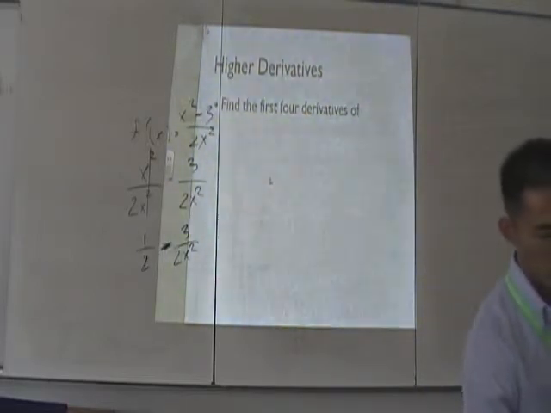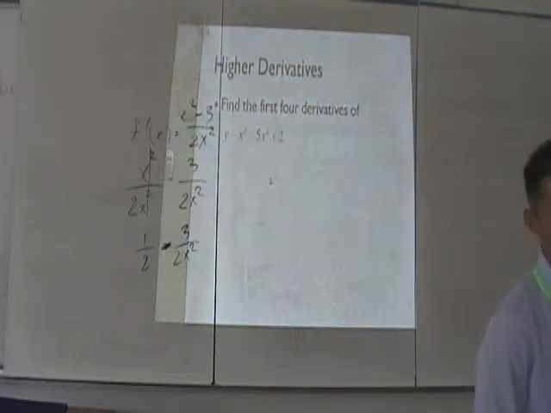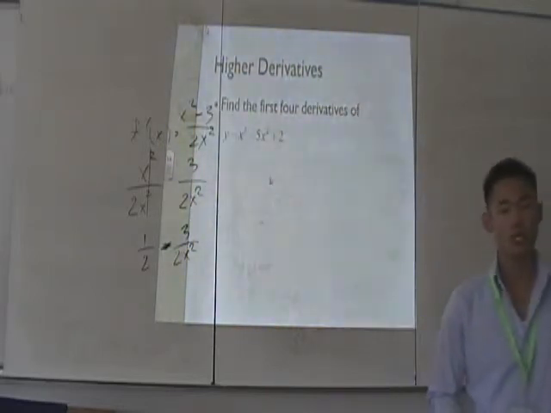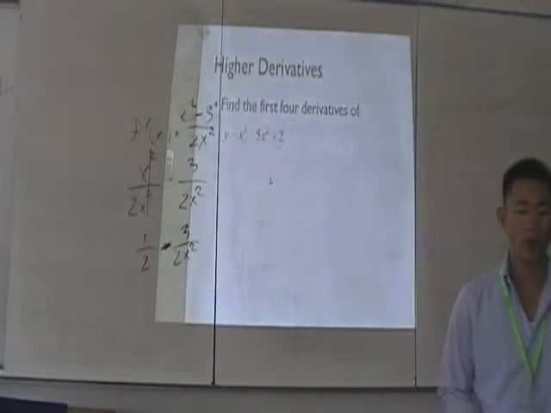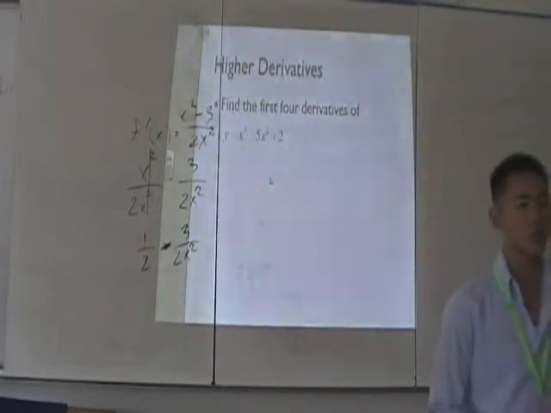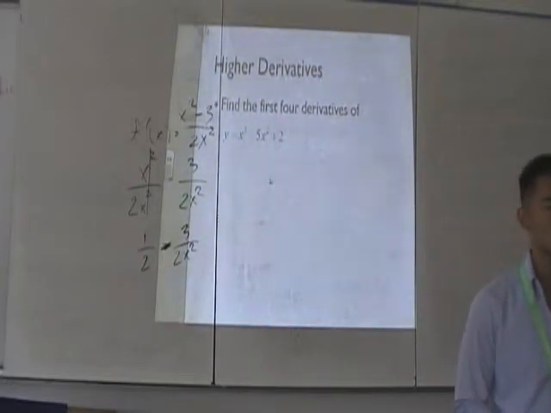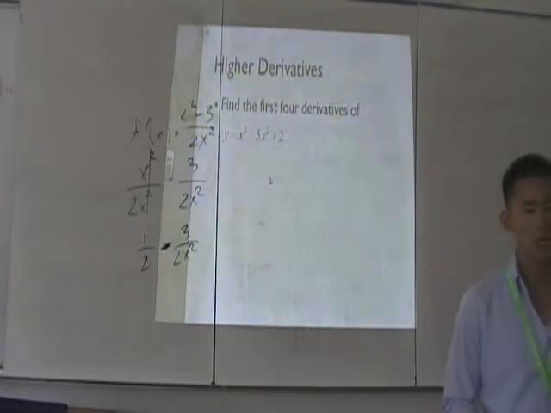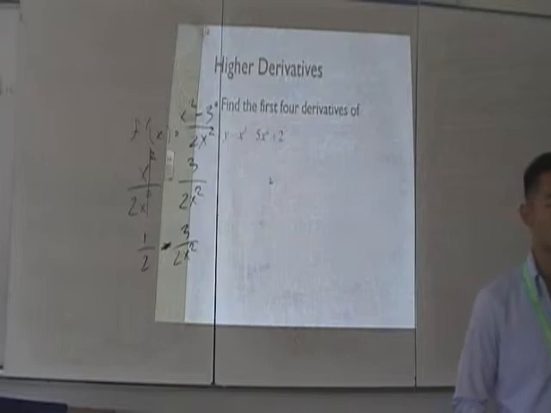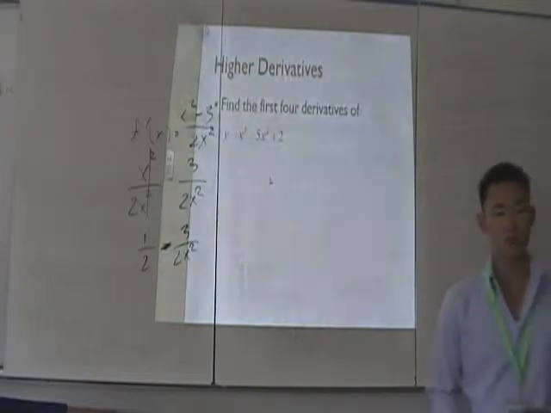So we're going to find the first 4 derivatives of this function here. This is your equation: y equals x cubed minus 5x squared plus 2. Okay, so go ahead and take the derivative of that equation.